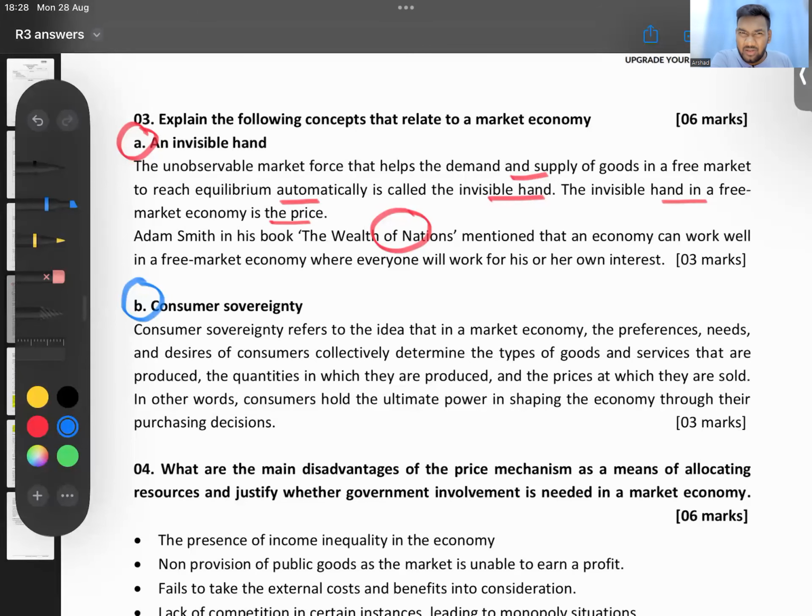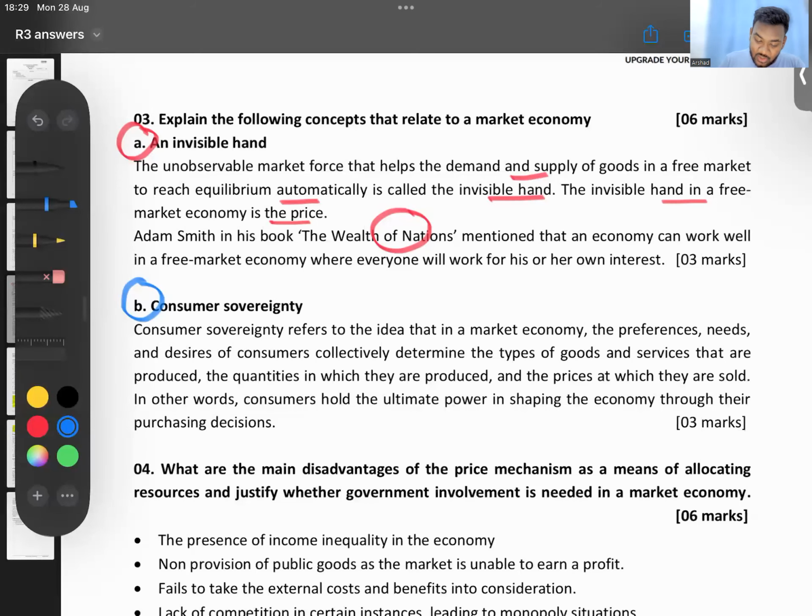Now, in a command economy, guys, the government produces and forces it onto the consumer. In a market economy, consumers can decide what they want. Consumers have the choice, so based on what the consumers want, the producers will produce. So the consumer is the most powerful person. That is what you call consumer sovereignty.